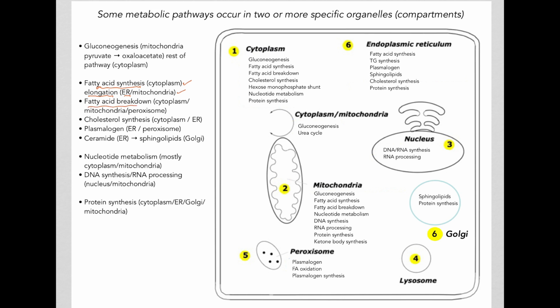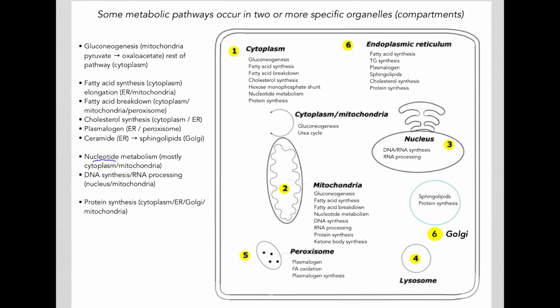Fatty acid breakdown occurs in the cytoplasm as well as the mitochondria and peroxisomes. Cholesterol synthesis in the cytoplasm as well as the ER. Plasmalogens are synthesized in the ER as well as peroxisome. Ceramides are made in the ER and then converted to sphingolipids in the Golgi membrane.